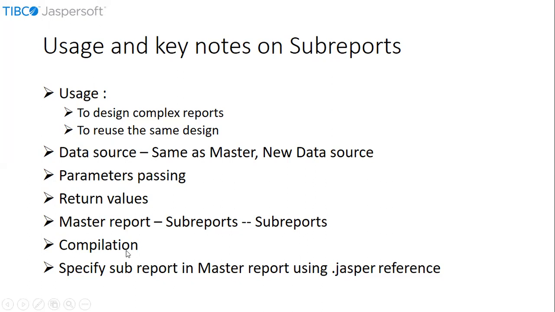So it is mandatory to compile a sub-report before we run a master report. We specify the sub-report in the master report using a .jasper reference. .jasper is a binary file which will be generated when we compile a report.